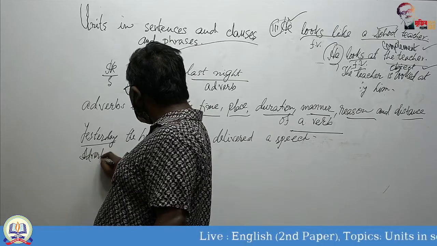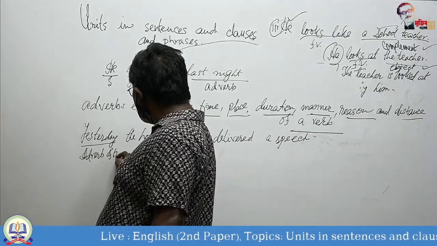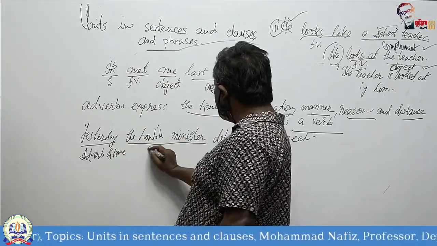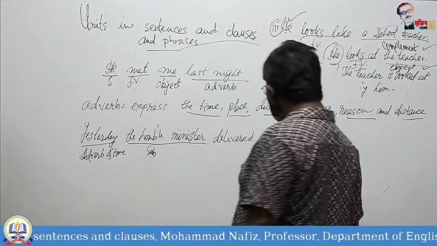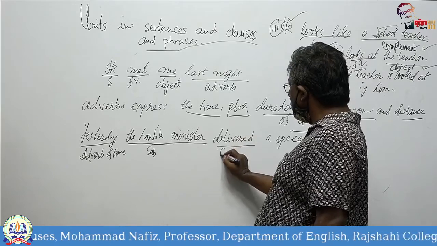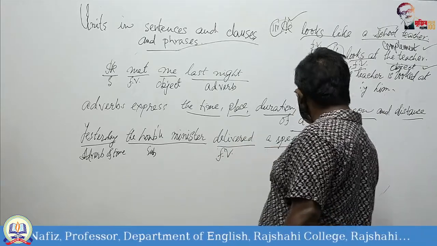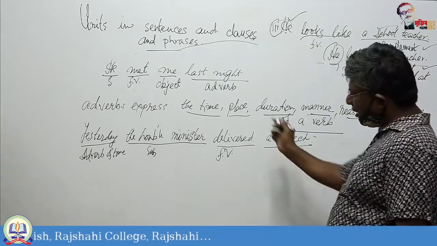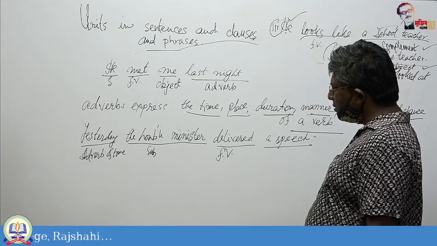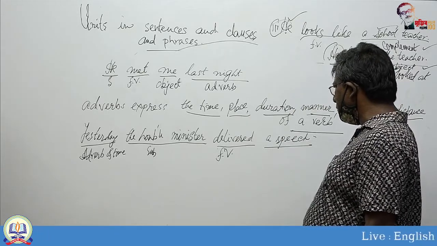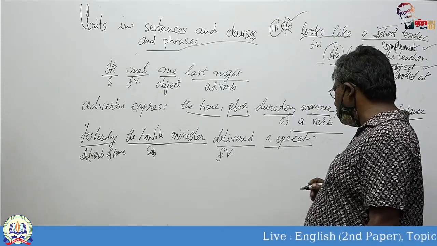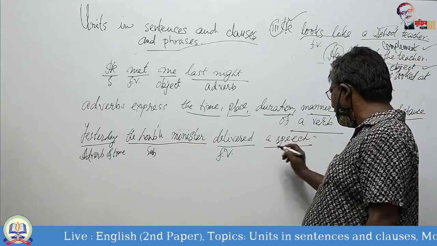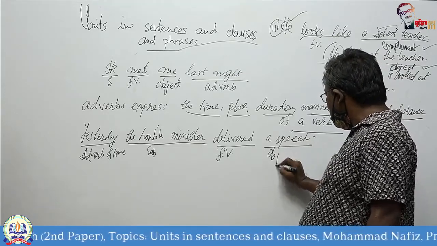It is called an adverb of time. The Honorable Minister is the subject of the sentence. Delivered is the finite verb. A speech is a noun phrase. Does it identify the subject, the Honorable Minister? No. Therefore, when it is a noun and it does not refer to or identify the subject, we can easily call it an object.